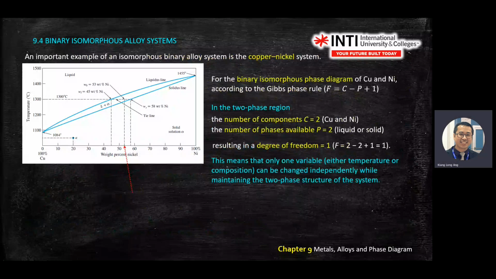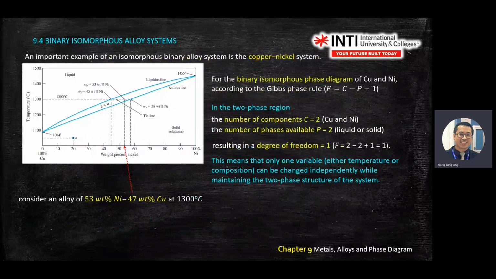So binary, Gibbs rules in 2 phases. 2 phases is maybe this region, right? This is a 2-phase region. So in this region, you have 2 components and 2 phases, resulting in degree of freedom of 1. So to have this region, you fix 1 and play with another one, because degree of freedom is 1.